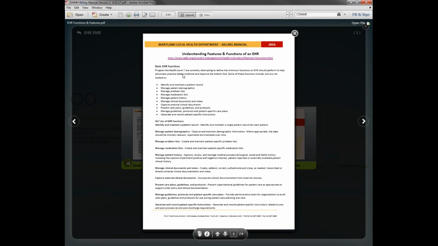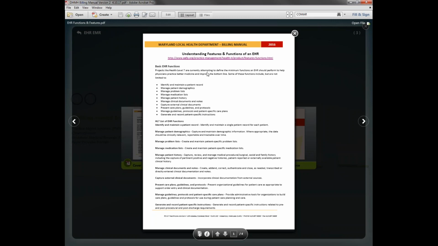Basic EHR functions: identifying and maintaining a patient record, managing patient demographics, managing problem lists, managing medication lists, managing patient history, managing clinical documents and notes, capturing external clinical documents, presenting care plans, guidelines, and protocols, managing patient-specific care plans, and generating and recording patient-specific instructions.